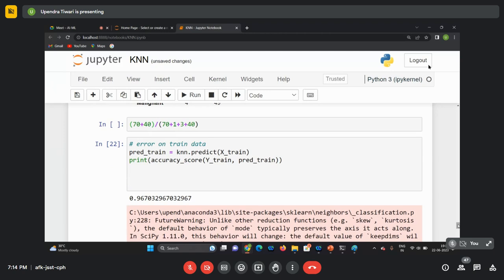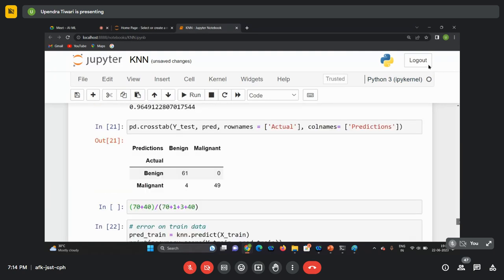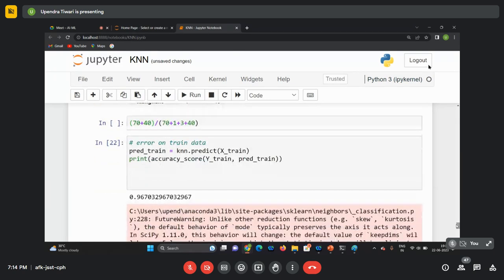So can you see here, when you were taking k equals 9, the difference was around 1.5, isn't it? But here, the difference is only 0.003. So again, it's your call, whichever model you want to choose.